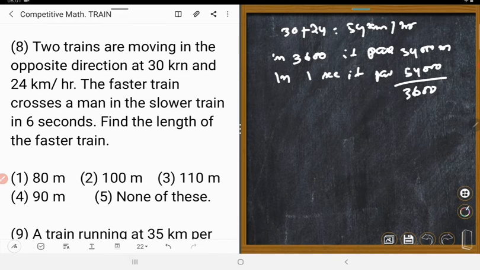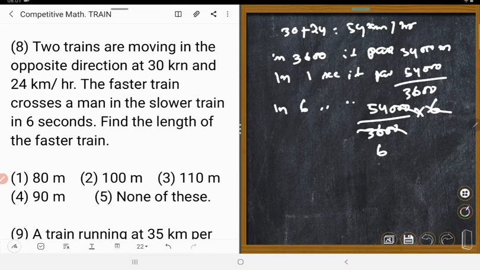Therefore, in 6 seconds, 54,000 upon 3600 into 6. The zeros cancel. 6 da, 90 da is equal to 90 meter. So the length of the train is 90 meter.